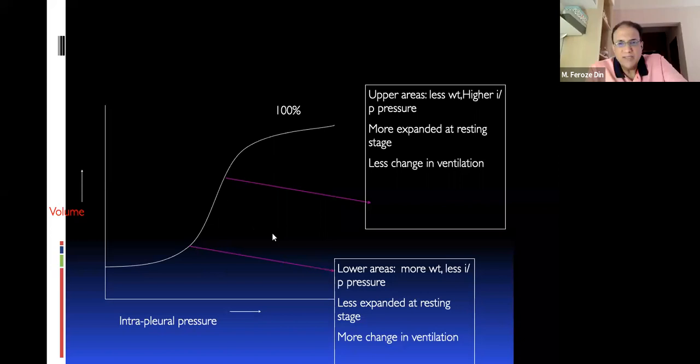So it's simply that the apexes are at the higher point of the inspiratory curve of inflation of the lungs, and the bases are at a low point of the curve. So this is a regional difference.